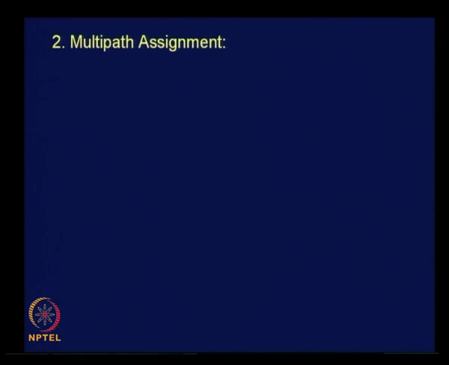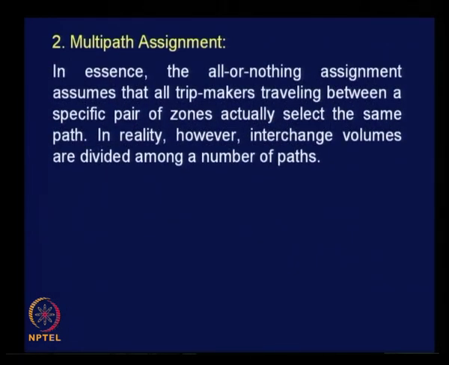The second method of assignment is multipath assignment. As the name implies, this technique assigns traffic on multiple paths, right. In essence, of course, the all or nothing assignment assumes that all trip makers traveling between a specific pair of zones actually select the same path.